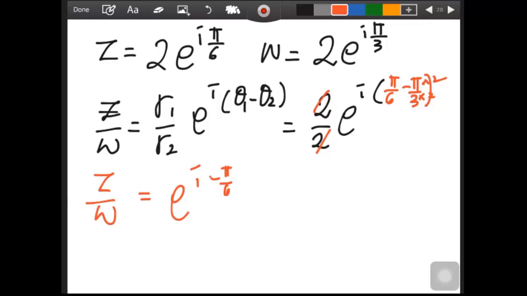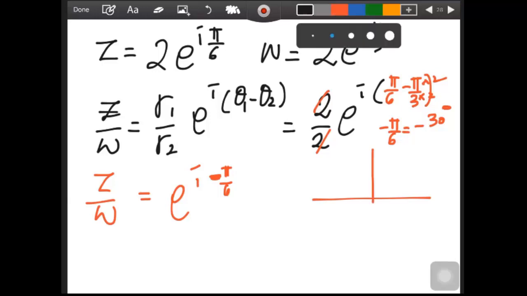Okay. Kalau negatif pi over 6, dia adalah negatif 30 lah. Okay. So negatif 30, dan kita akan letakkan negatif 30.